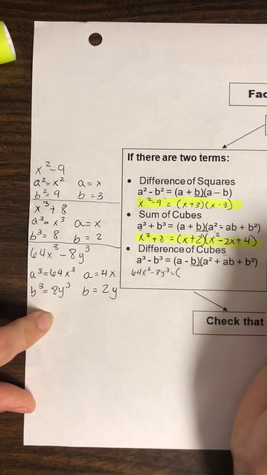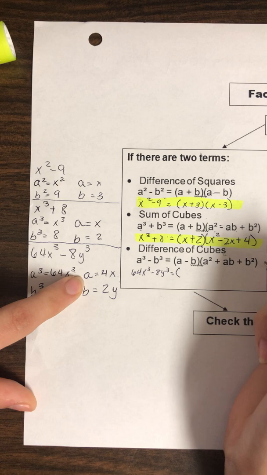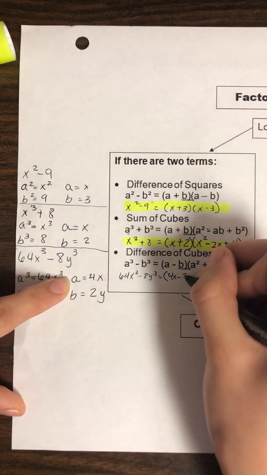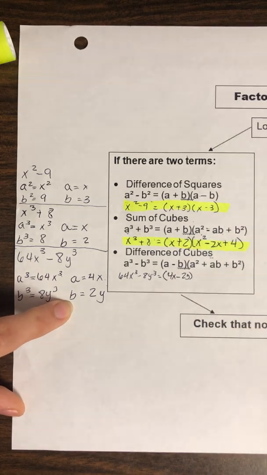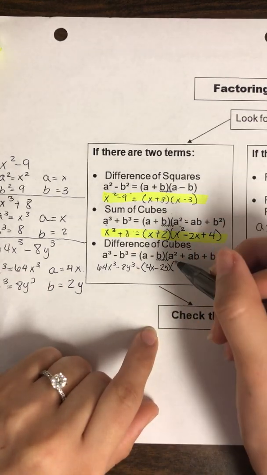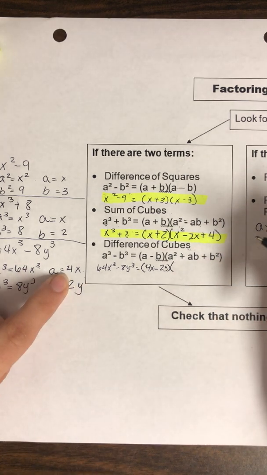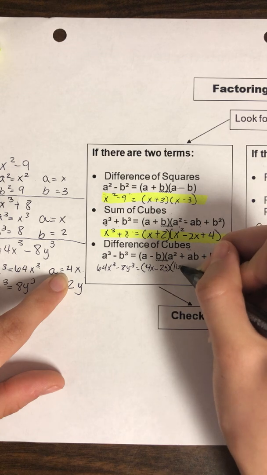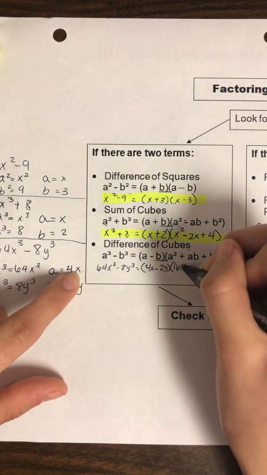So I would put my a value, which is 4x, minus 2y, my b value. Then a squared. Well, what's a squared? 4 times 4 would be 16, and then x times x would be x squared.